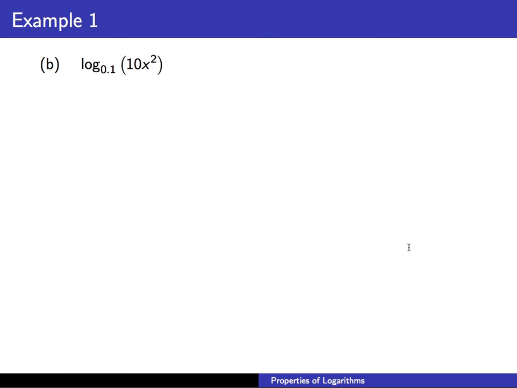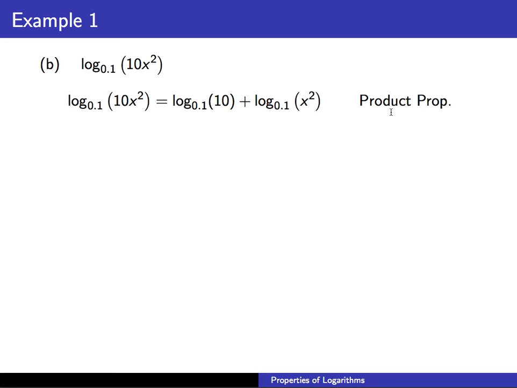Part B, we have log base 0.1 or log base 1/10 of 10 times x squared. So we have a product inside these parentheses, 10 times x squared. So we can use our product property to separate them. So log base 0.1 of 10 times x squared is log base 0.1 of 10 plus log base 0.1 of x squared.